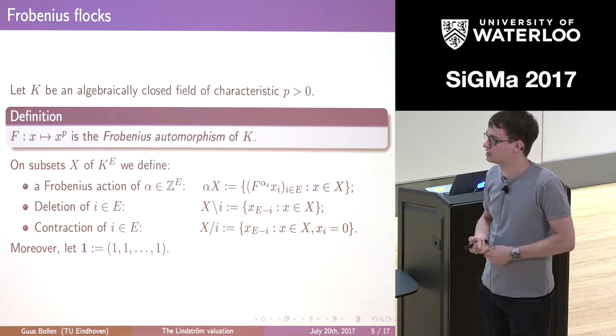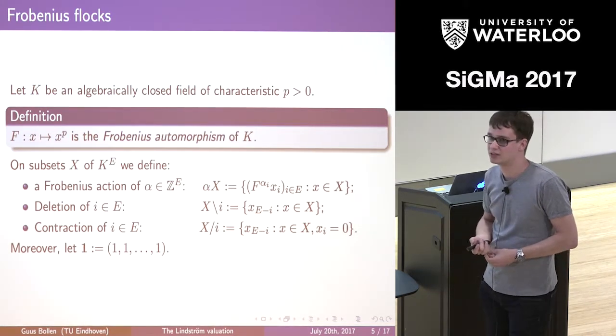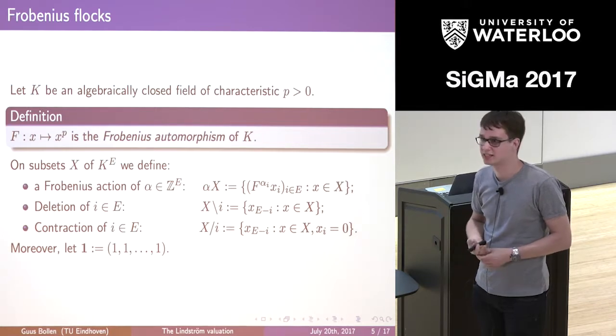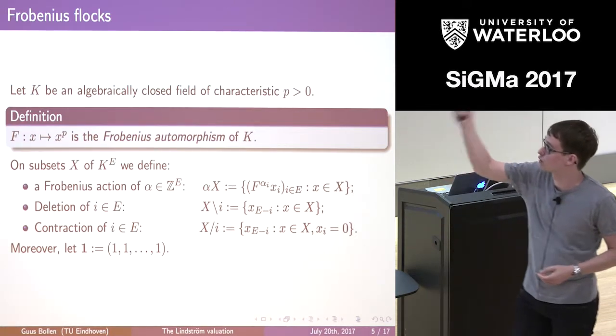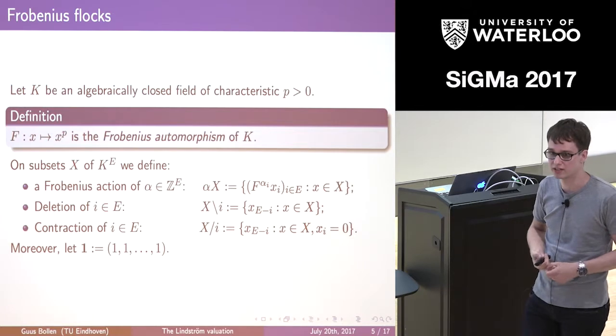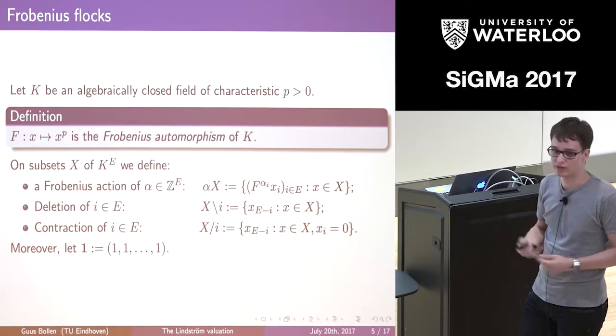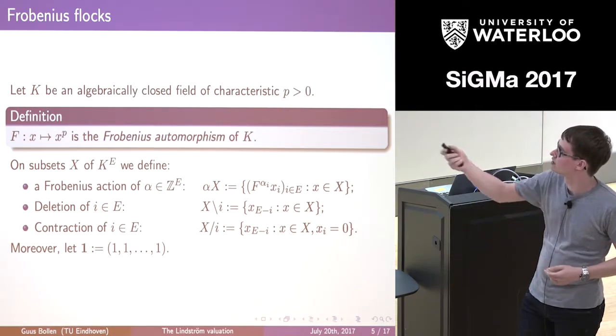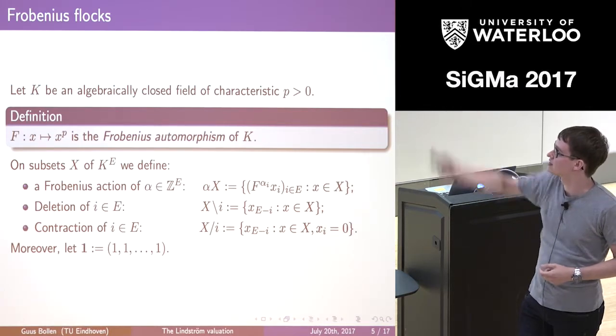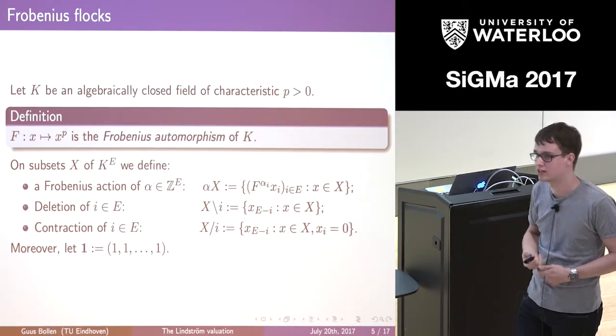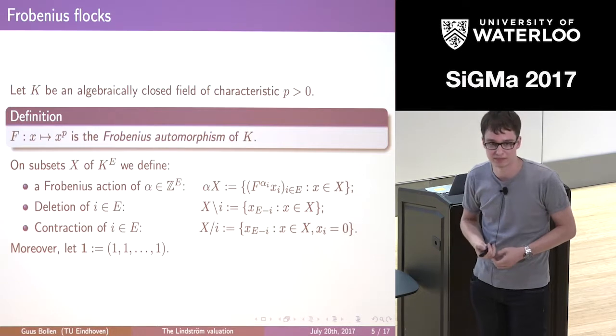And similarly, we have deletion. Well, it's not matroid deletion yet, but it's similar. We just throw away the ith coordinate. And we have contraction. So we first take all vectors in x that have a 0 on the ith coordinate, and then we throw it away.